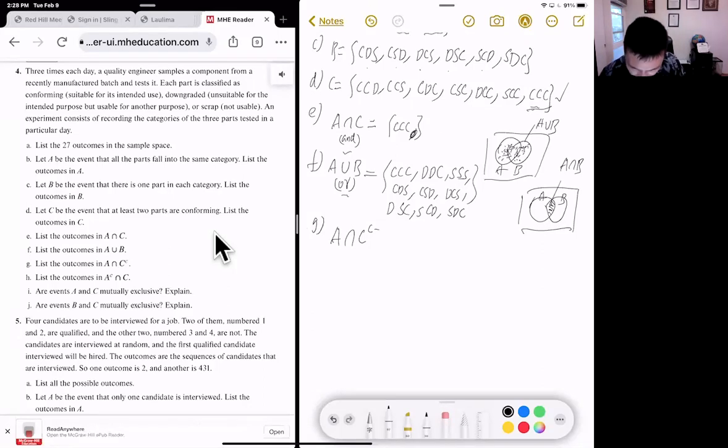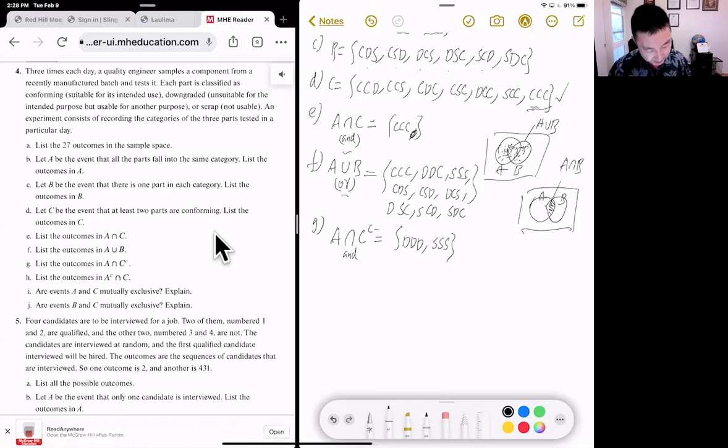The question asking here is A and the complement of C. You do the counting. Two sample items satisfy.